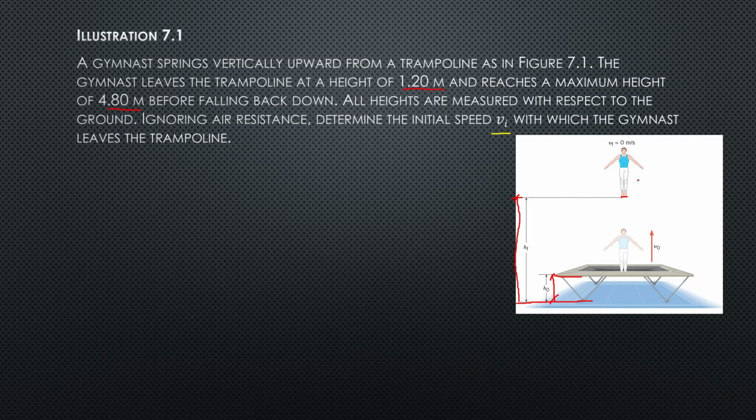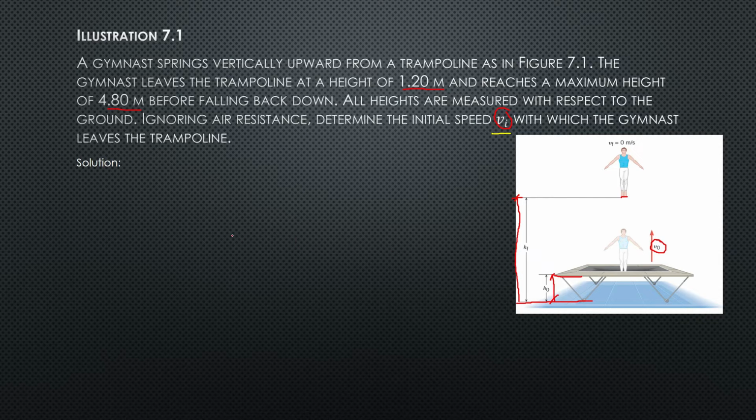Okay, so upon reaching the maximum height, the gymnast has a final velocity of 0. So the initial velocity, speed, is unknown. So v sub o based on the figure.